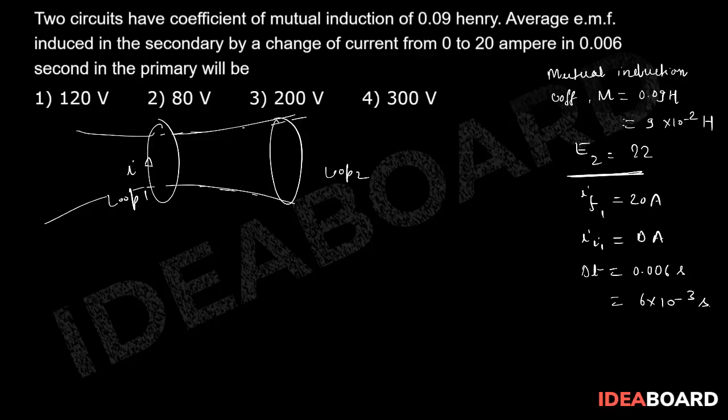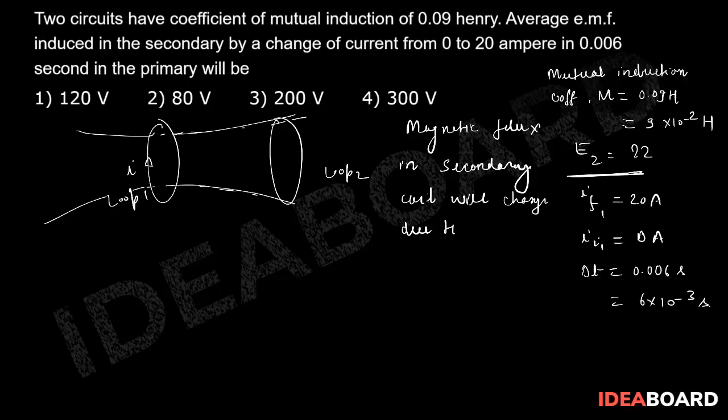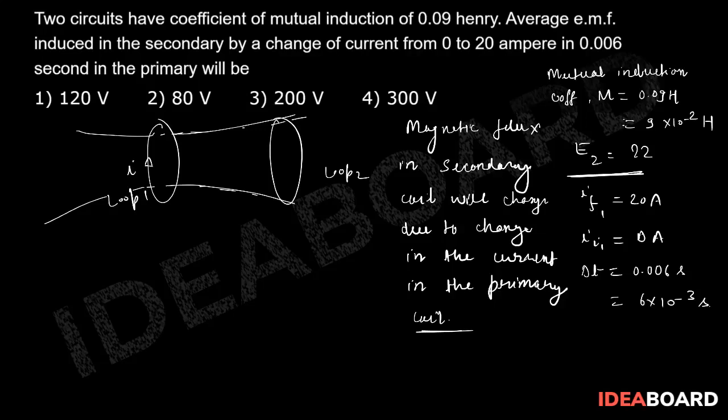So magnetic flux in the secondary coil will change due to change in the current in the primary coil, right? That is the major important line which I have written.